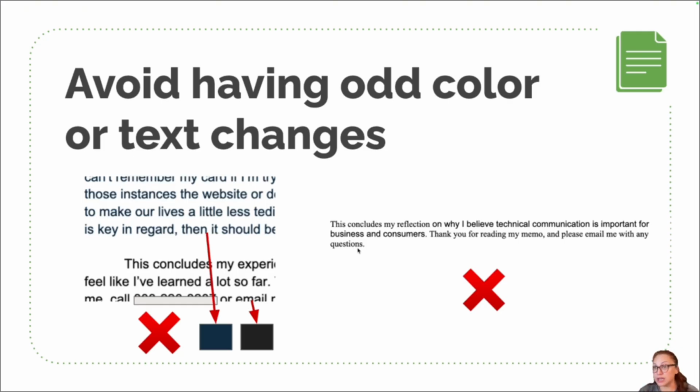In case you're not seeing what I'm talking about, where it says, "This concludes my reflection," is in kind of Times New Roman style font. And then it says, "On why I believe technical communication is important for business and consumers." That is a different font altogether, kind of Arial maybe. It's also a larger size. And then it goes back to that first Times New Roman smaller size for the next one.